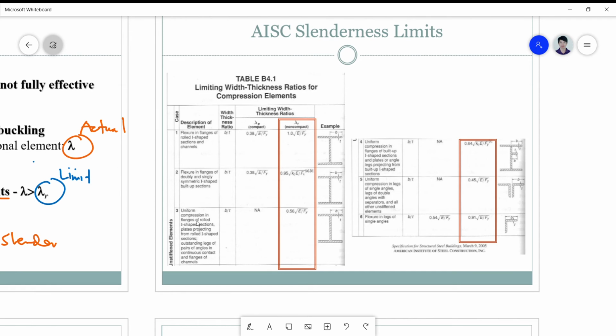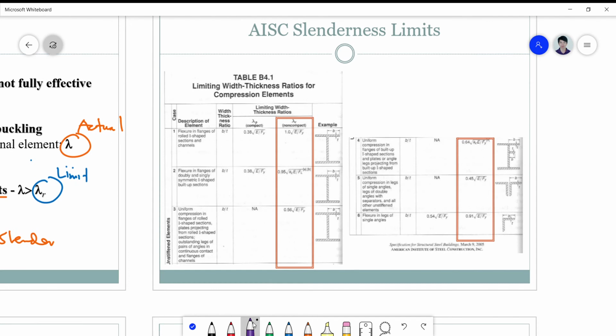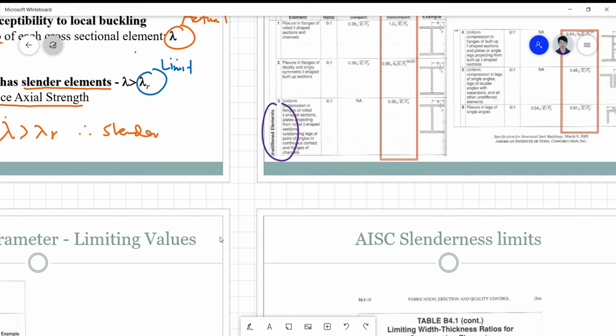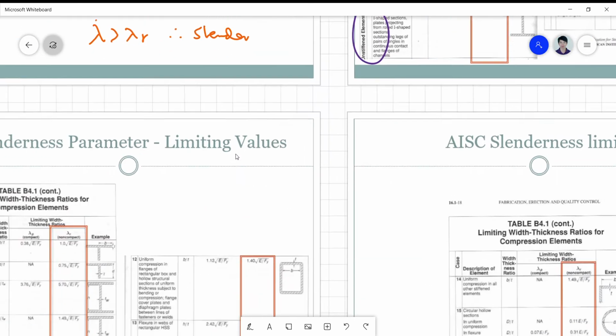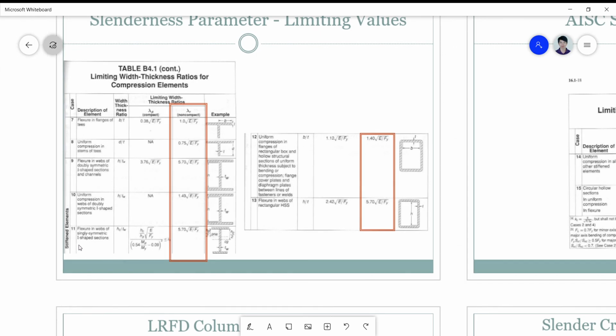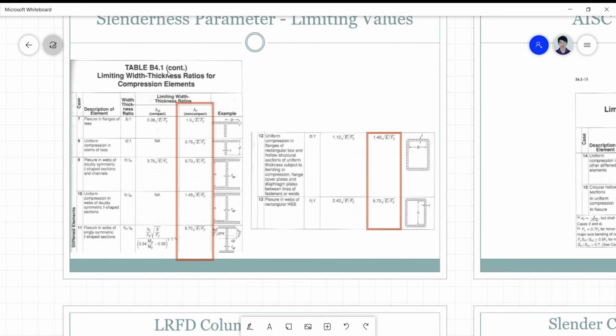Okay, and these are for the unstiffened. And for the stiffened, we have the continuation here for Table B4.1.